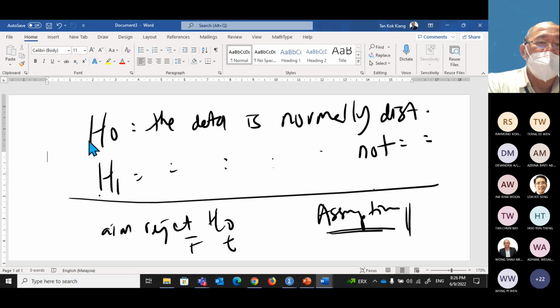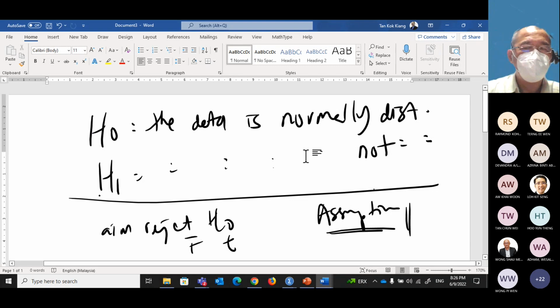So this is the hypothesis. Any question? Can we use a skewness value to determine whether the data distribution is normal or skewed? Good question.